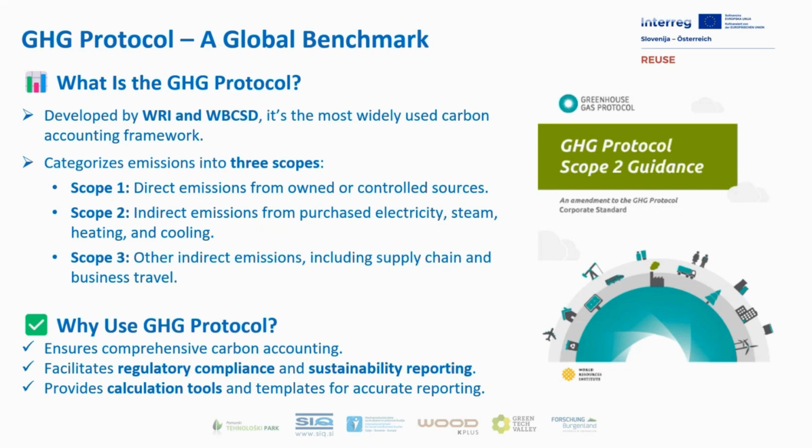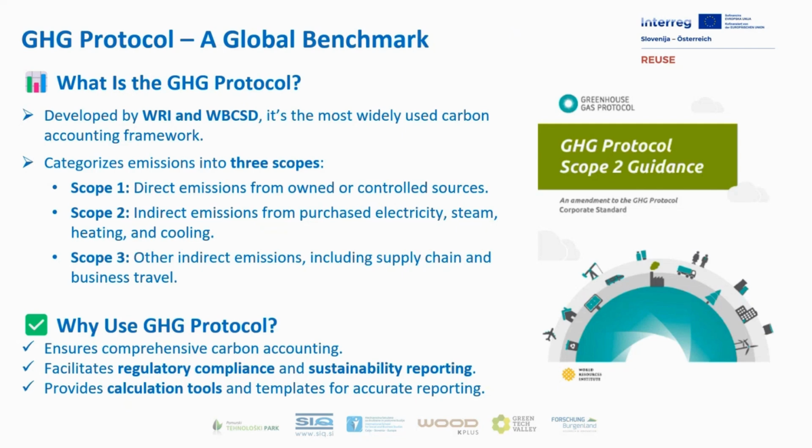One of the key features of the GHG Protocol is that it splits emissions into three categories, which we mentioned, and will mention several times again. These categories are called pillars or scopes: scope 1, scope 2, and scope 3.